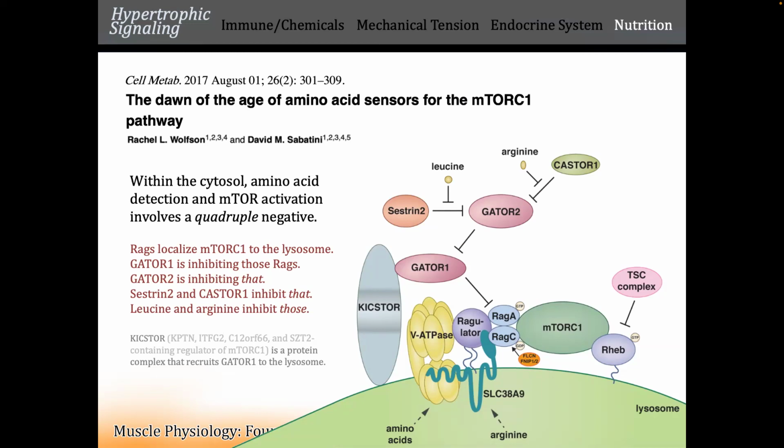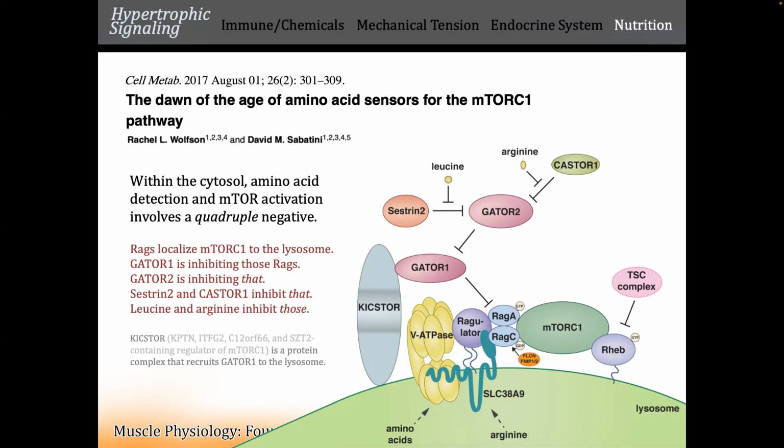CASTOR stands for cellular arginine sensor for TOR, CAS-TOR. So SLC38A9 senses lysosomal arginine, and CASTOR senses cytosolic arginine. And again, CASTOR will bind to GATOR2, inhibiting it under arginine deprivation conditions.